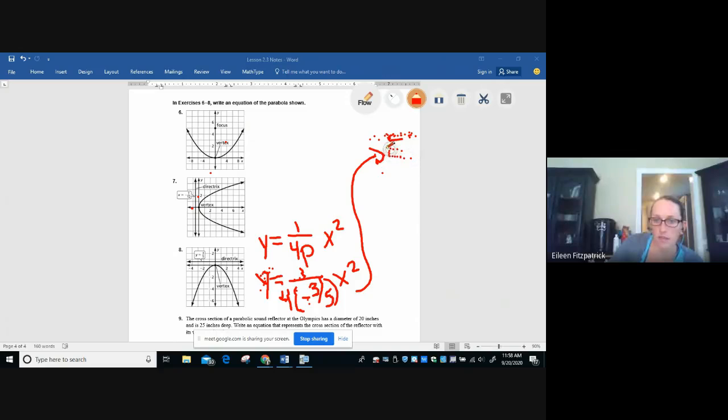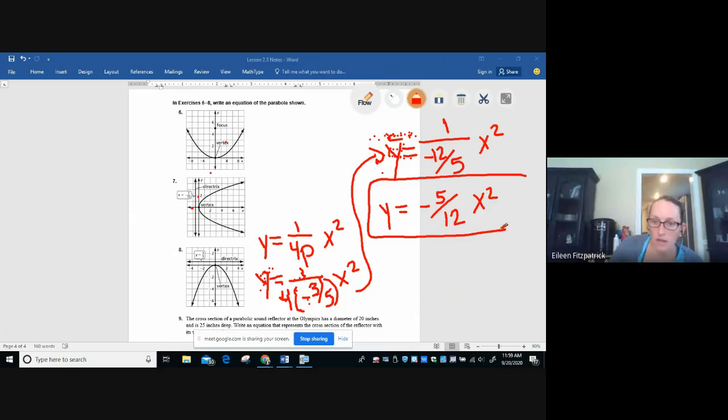Y is equal to 1 over negative 12/5 x squared. 1 divided by negative 12/5 is the same thing as 1 times the reciprocal, so it's y equals negative 5/12 x squared. And that is it for number 8.